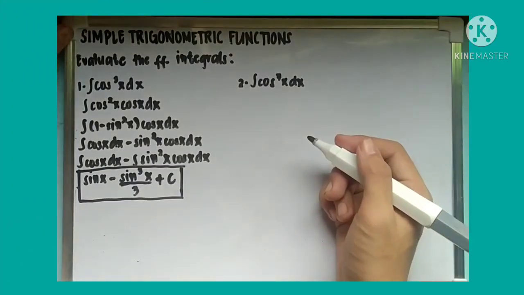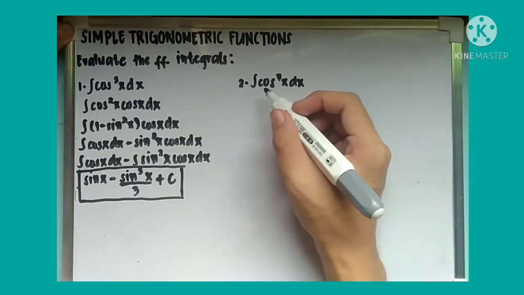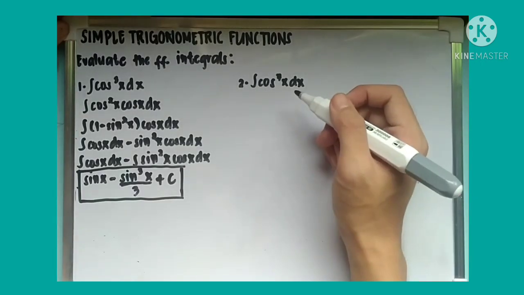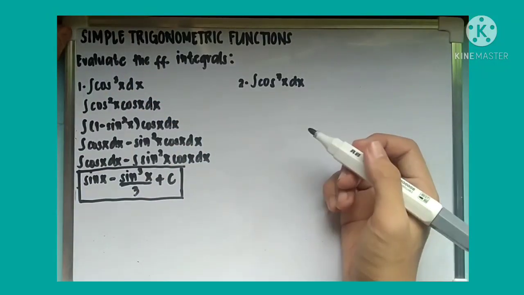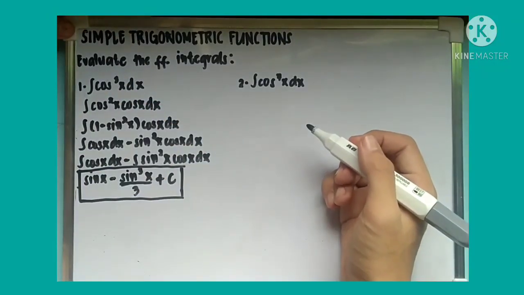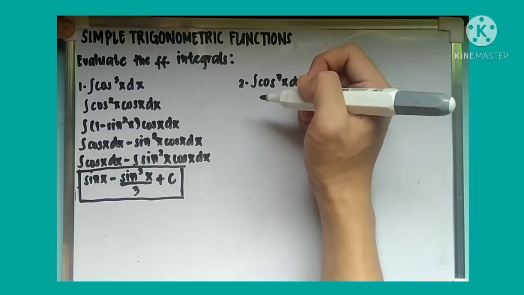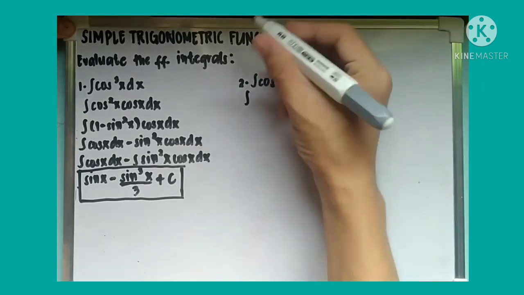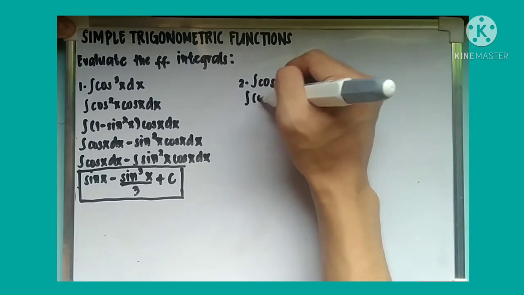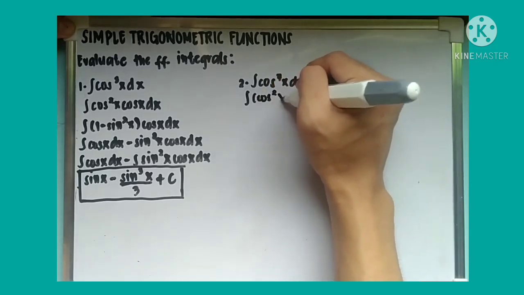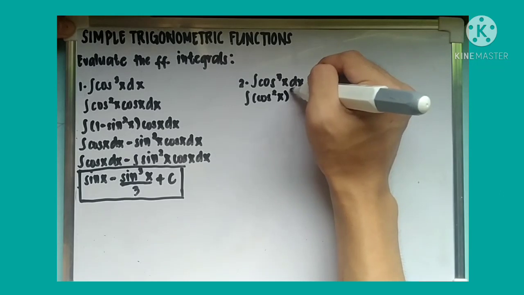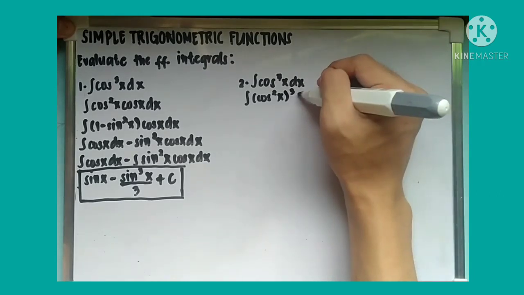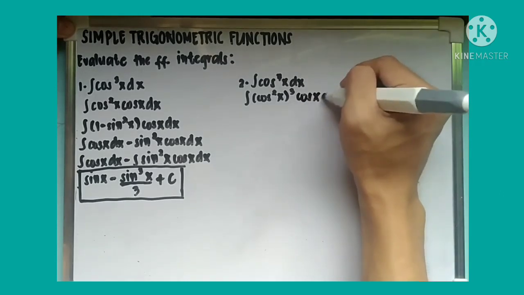So guys, let's proceed for problem number 2, the integral of cos raised to 7x dx. So in this case, ang una natin gagawin is i-convert natin siya into its equivalent function. So which is equal to the integral of cos squared x raised to 3 times cos x dx.